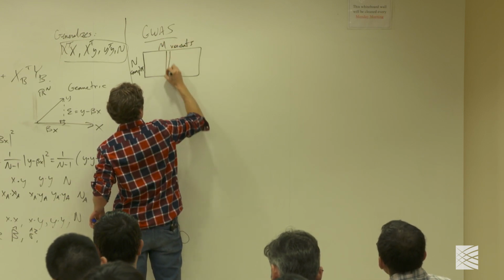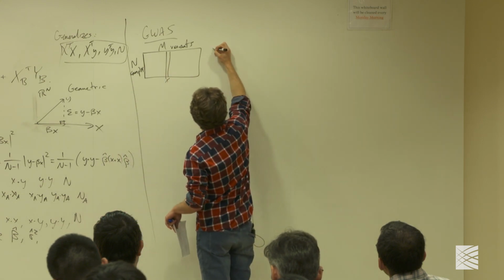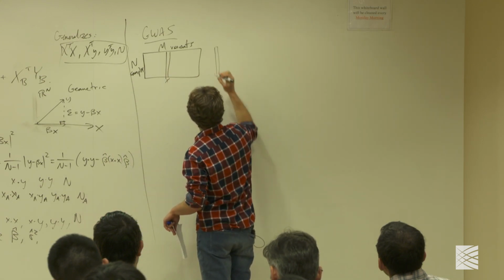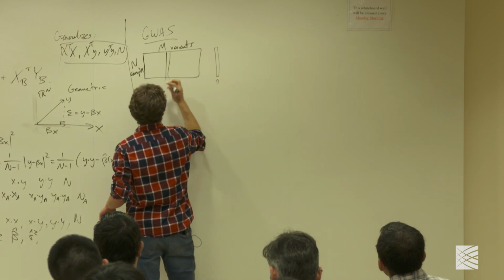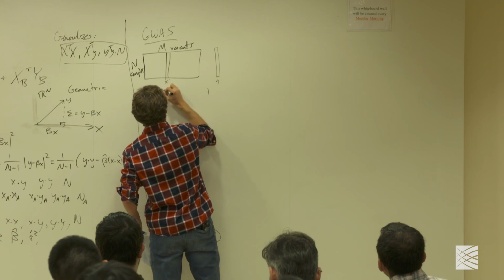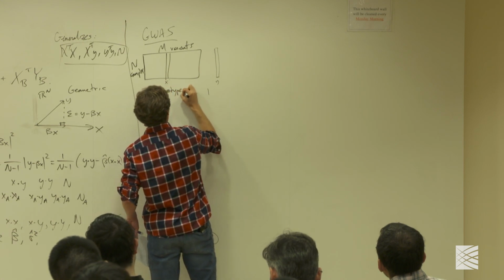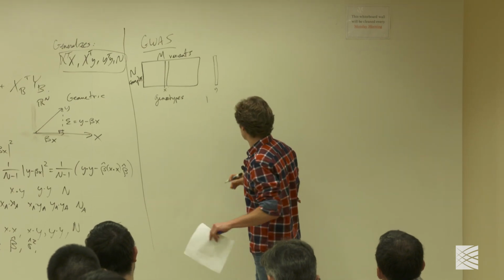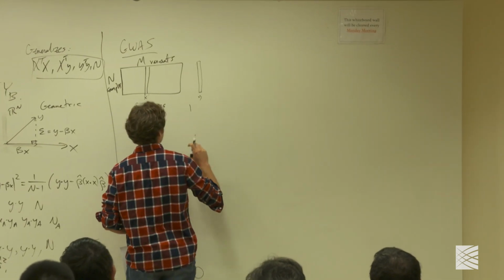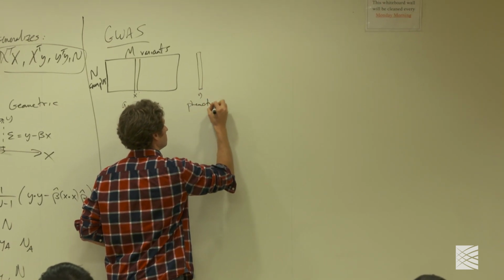And we can call a single column of this x. So this is little x, and the big matrix is big X. These are the genotypes, which would be 0s, 1s, and 2s, encoding homozygous reference, heterozygous, and homozygous variant. We also have our vector y. This is our phenotype vector.